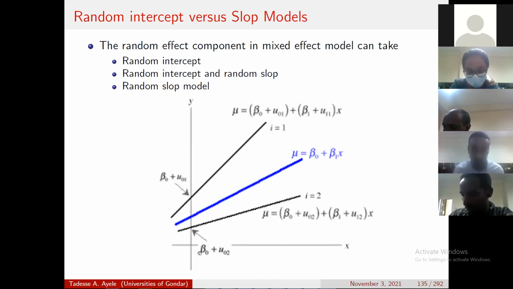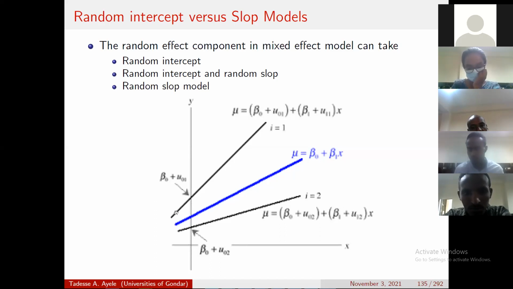The third one is beta naught, which is a fixed intercept, plus ui naught, the random intercept. So here the 3 lines vary by their intercept: random intercept and random intercept plus fixed intercept.